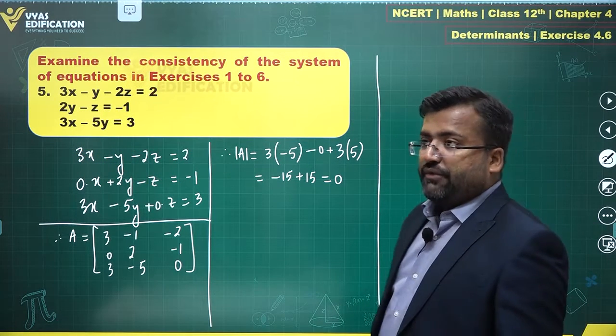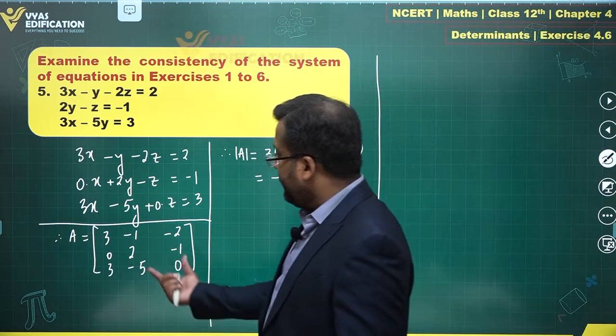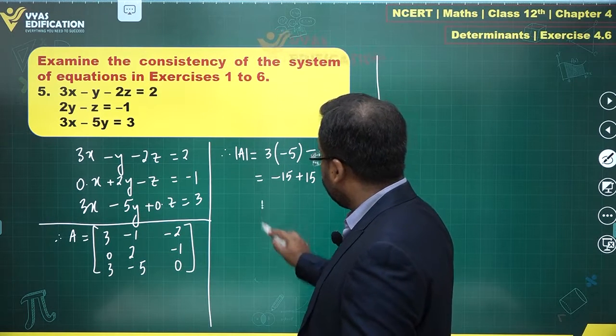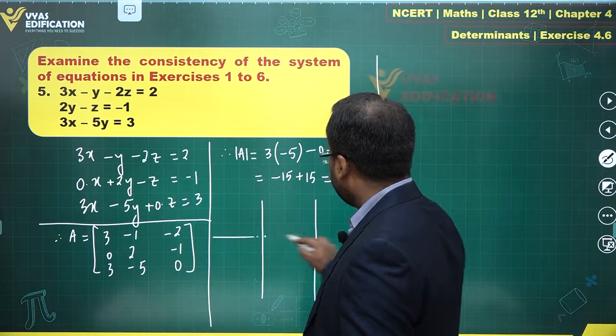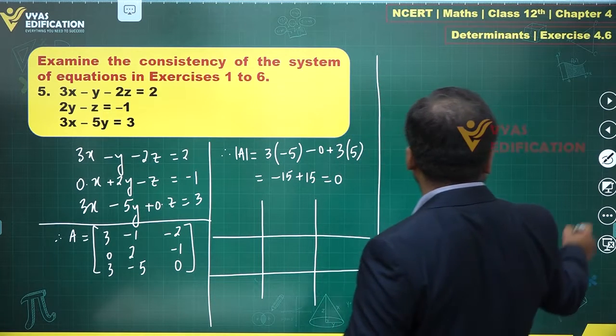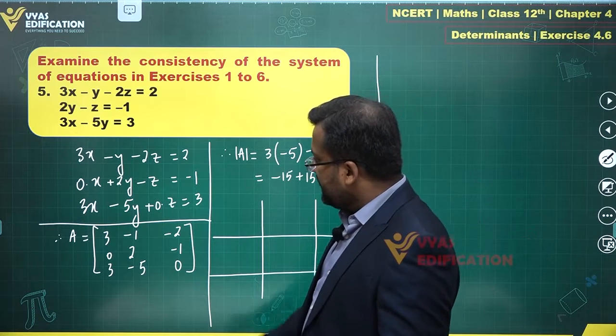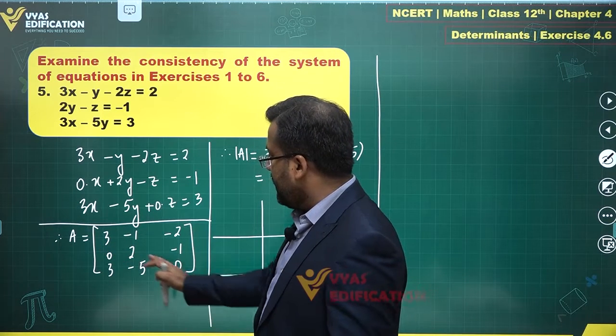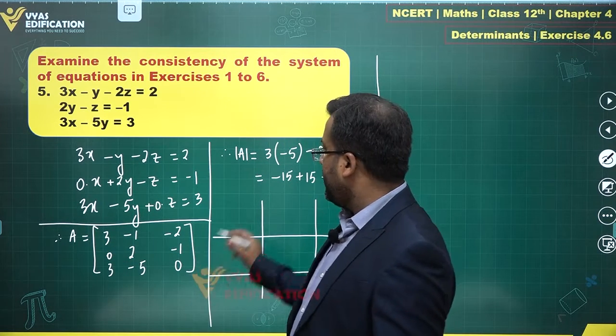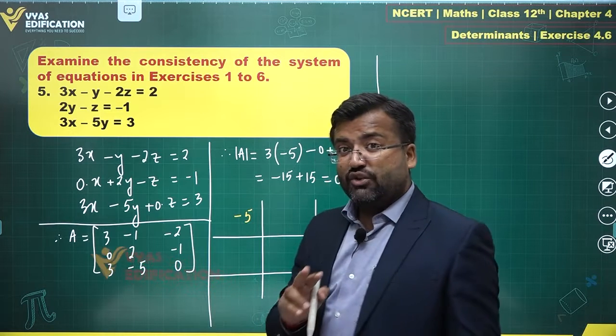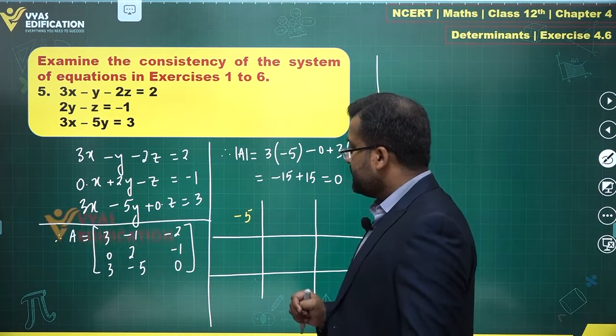So what is the adjoint of A? For finding the adjoint of A, we'll have to find the cofactors of all the elements over here. Okay, our whole concept of writing the grid. First of all, let me write the grid, and then for this element over here, you have 0 minus of 5, this becomes minus 5. I'm creating the cofactor matrix first of all. This is minus 5.